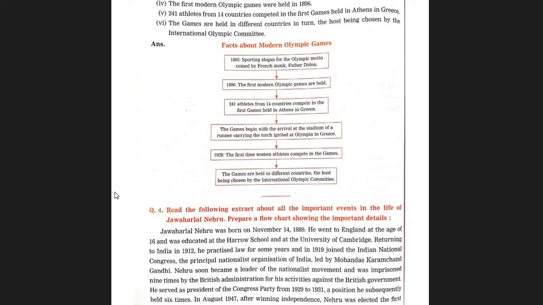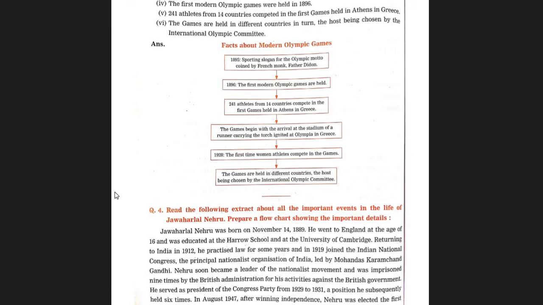So obviously we'll take the very first, the beginning year 1895. So the information of 1895 is followed by the information of 1896. Then what happened in 1896?